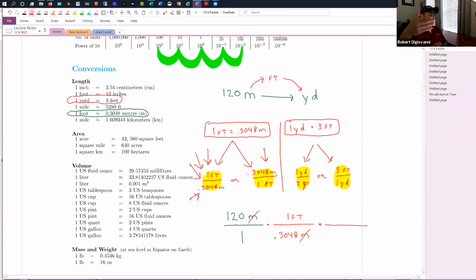The feet right now are on top, so I'm going to put feet on the bottom. So I'm going to be using this one in blue because it has the feet on the bottom, even though you can't read my writing.